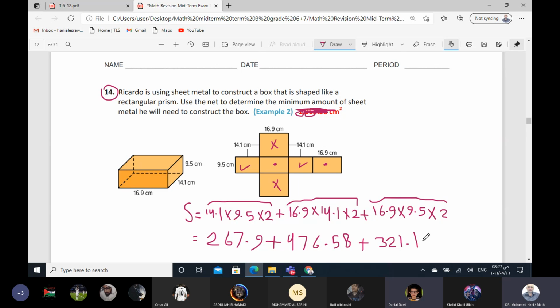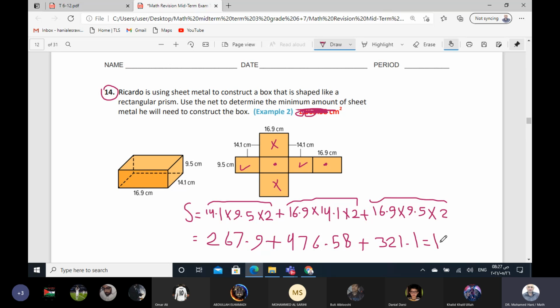Great. Now we can add. We have here at the first 267.9 plus 476.58 plus 321.1.